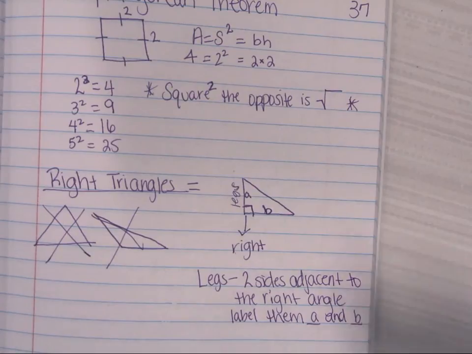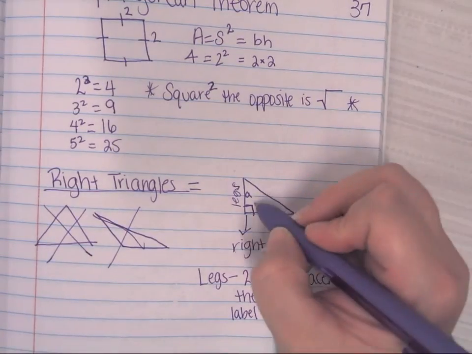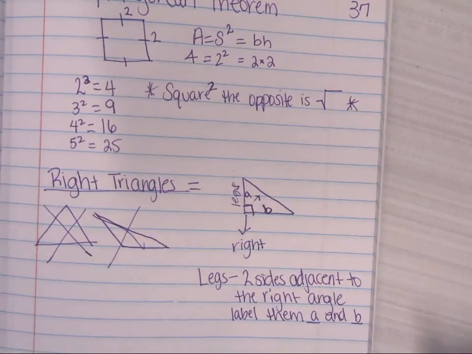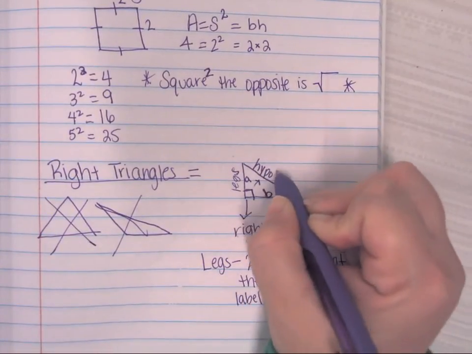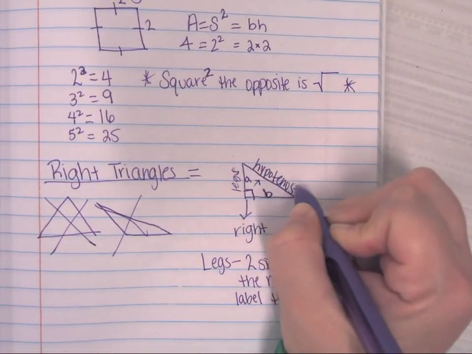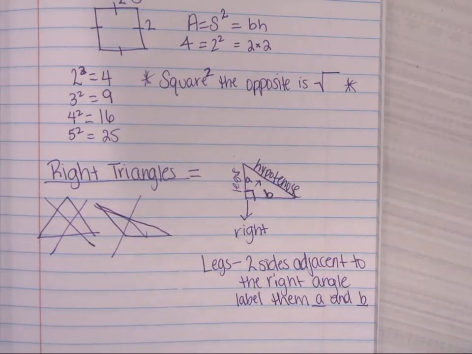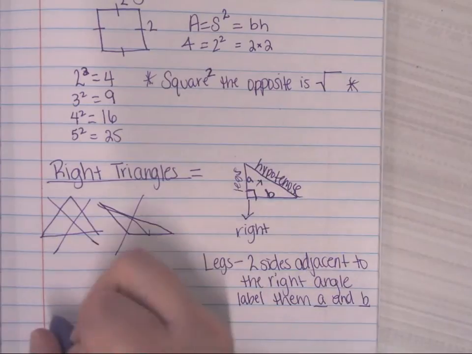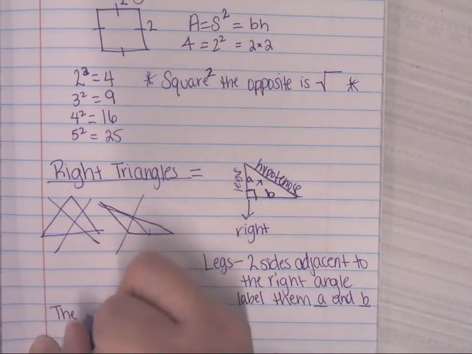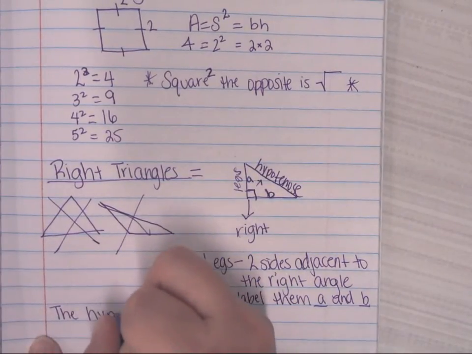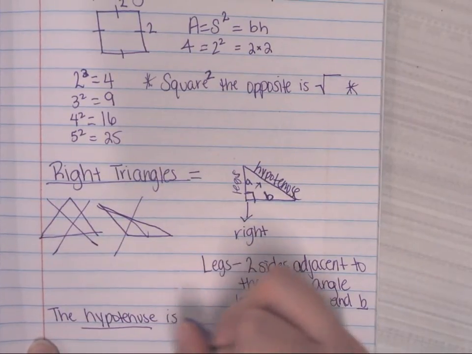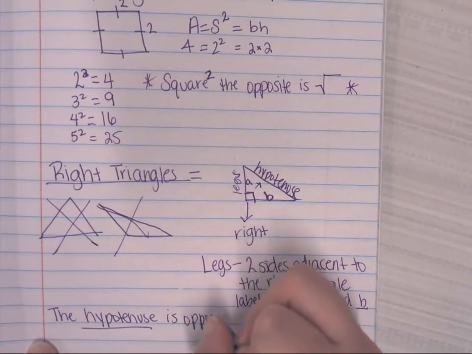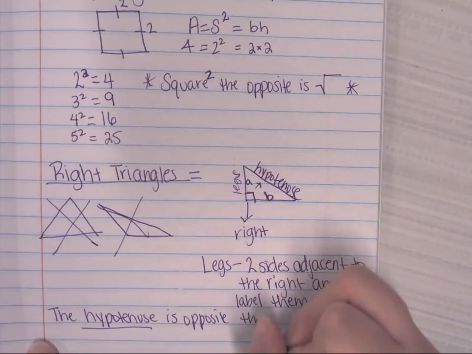And then the side opposite of the right angle is called the hypotenuse. The hypotenuse is opposite the right angle.